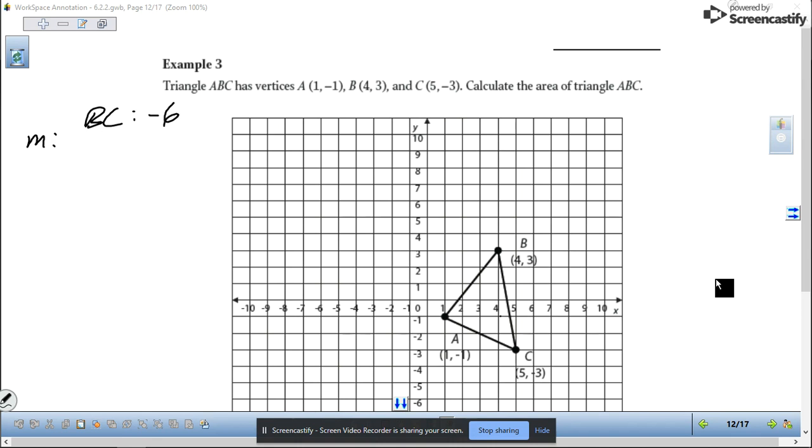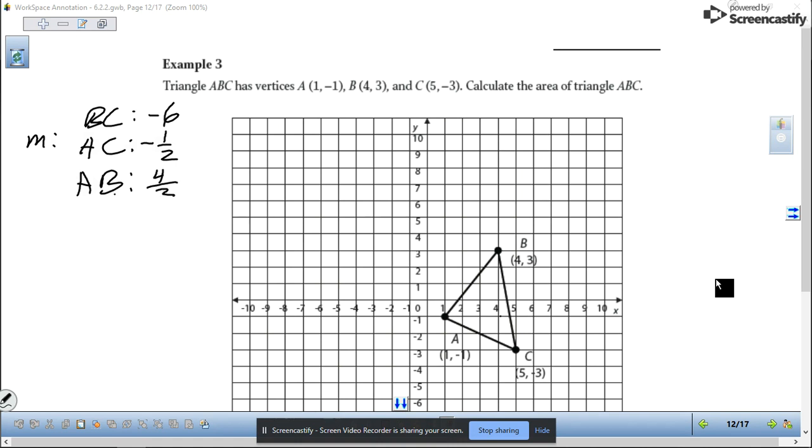It's my rise over run. Now for AC, it's down 2, right 1, 2, 3, 4. So that would be negative 1/2. And for AB, it is up 1, 2, 3, 4, right 1, 2, 3, so 4/3.